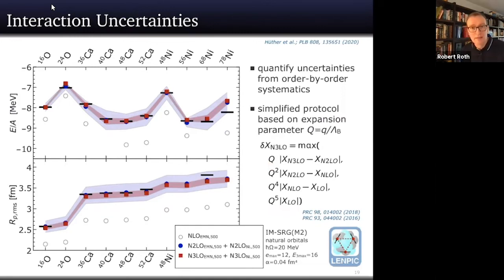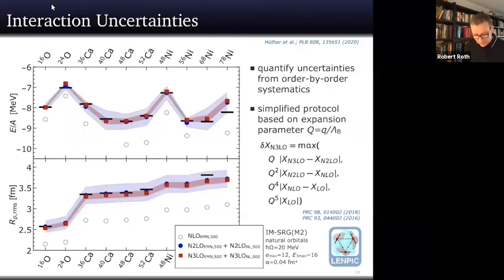The red band is for the N3LO calculation, and the blue band is for the N2LO calculation. And you see, just from looking at the order-by-order results explicitly, this looks really nice. So you have bands which are nested, so they get smaller and smaller, and they are consistent with each other. So they overlap, and that's always a good sign.